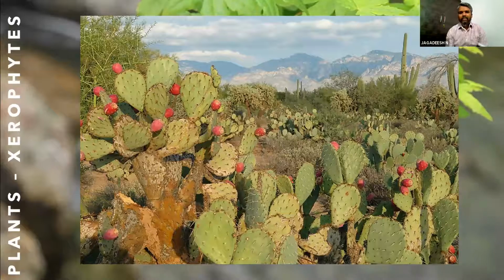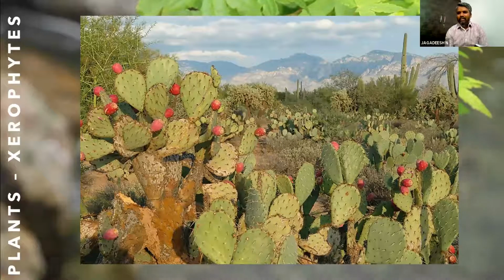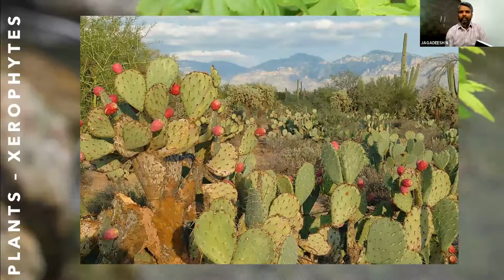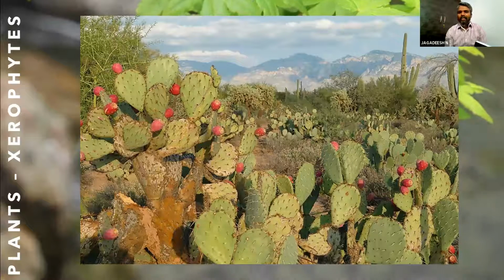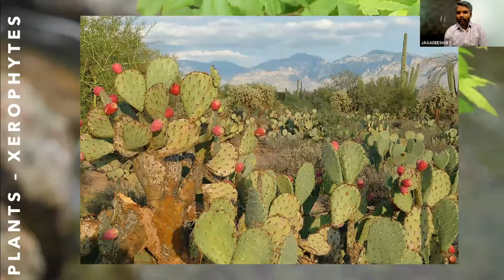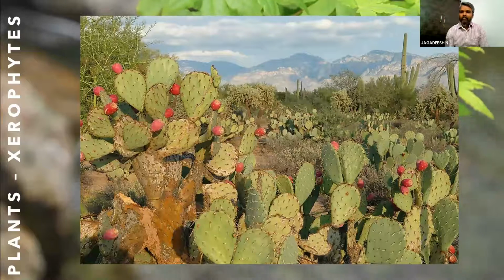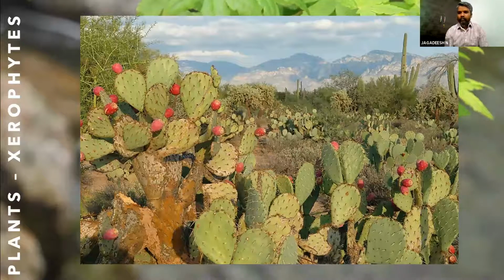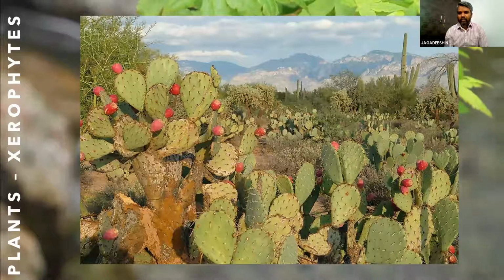You can see in the pictures the desert plants having predominantly thorns instead of leaves. The main function of the leaves is to produce food, the photosynthesis.